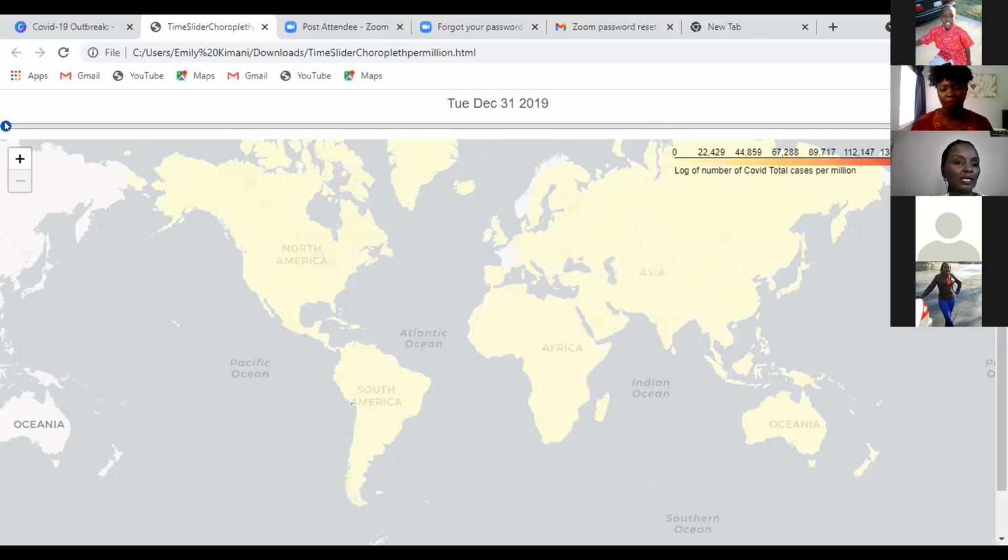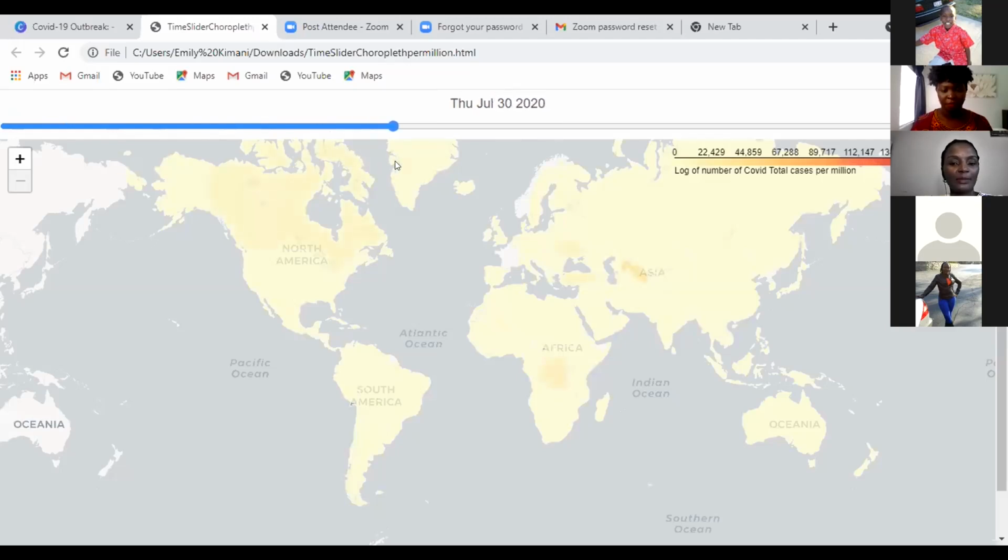From the beginning, we see that it's kind of the same color, so no data is here. But as the slide moves and the dates move on top there, the time is changing, and the color changes, and it continues.